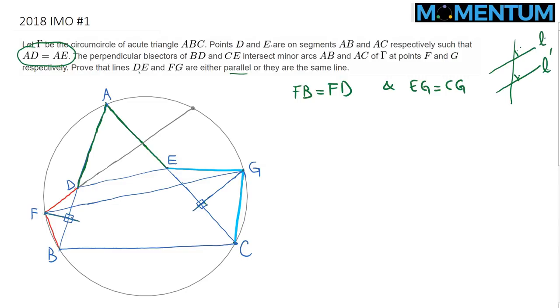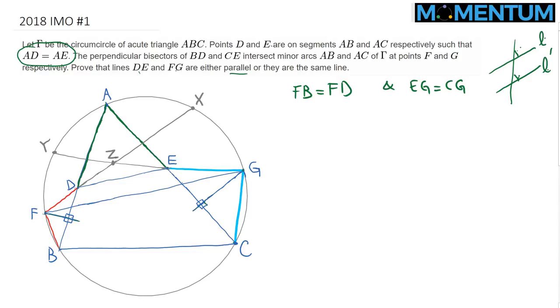And similarly, I will extend EG as well, and let it intersect the circle again. Let's call these points X and Y. We haven't used those letters yet. These are the points X and Y, and we can call this intersection point Z.